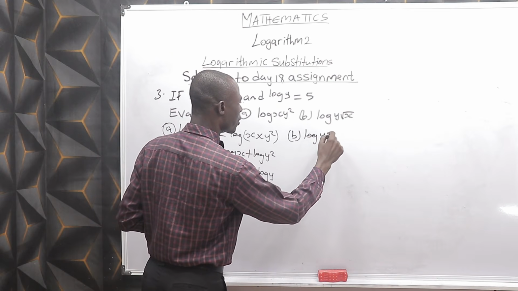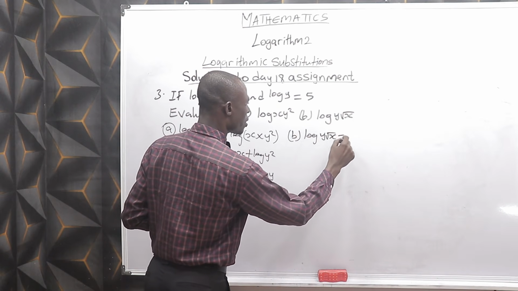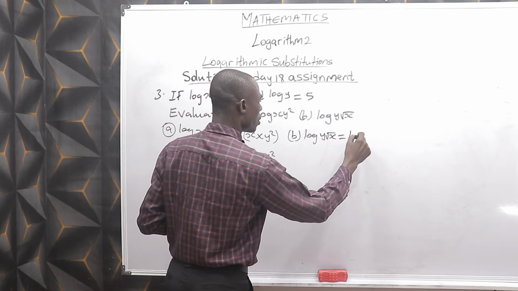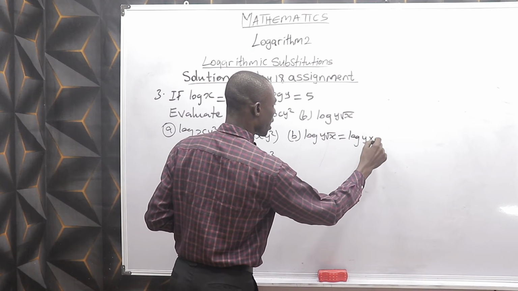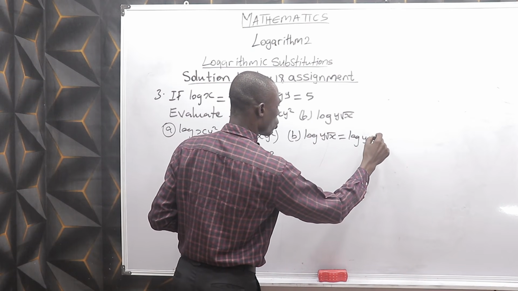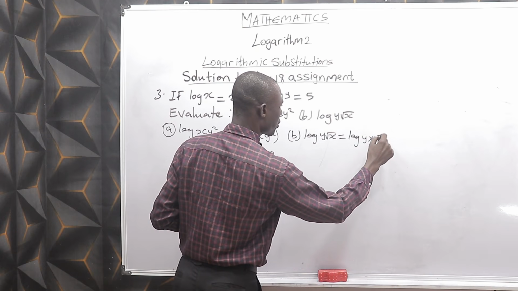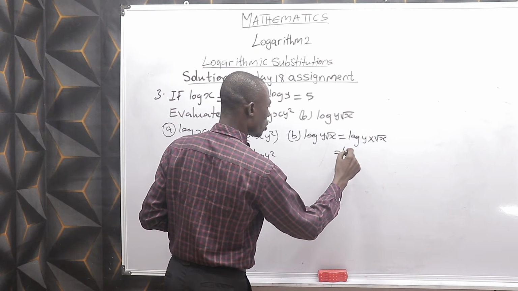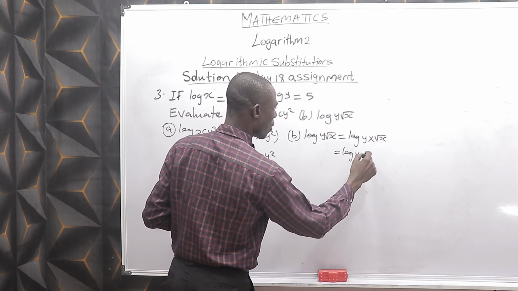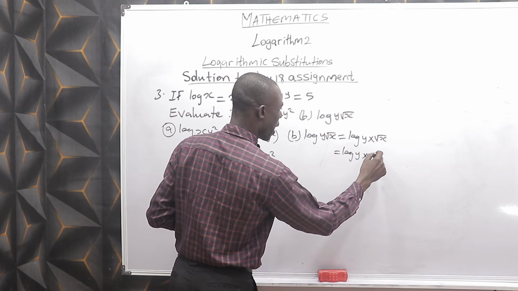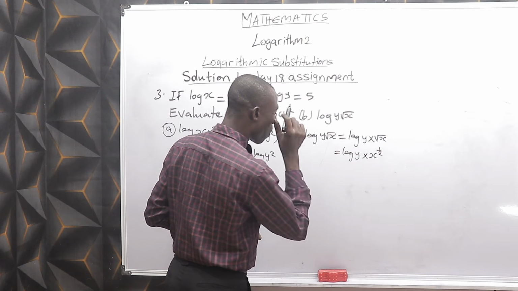Question B. Log y root x is the same thing as log y times root x, which is log y times x raised to power half.